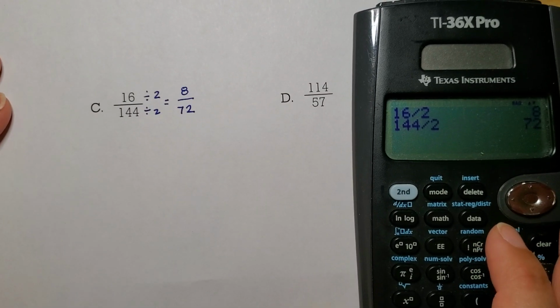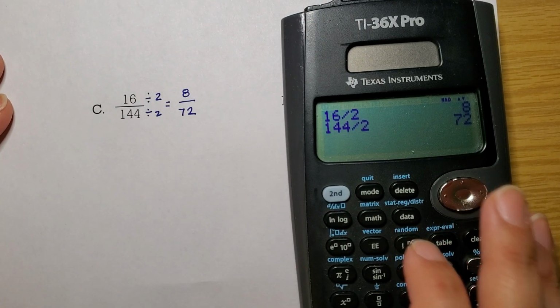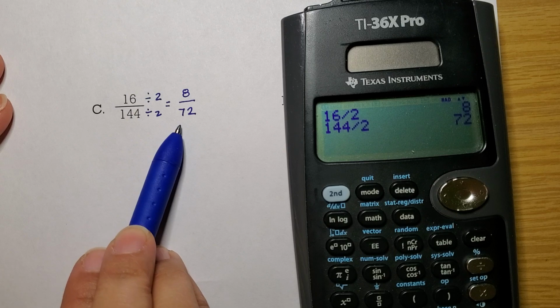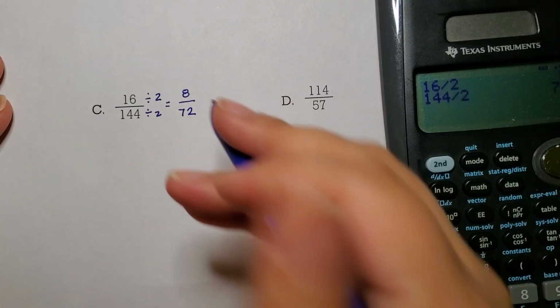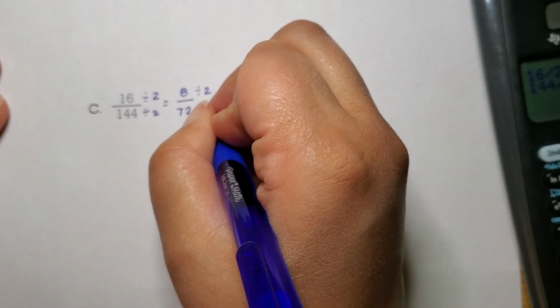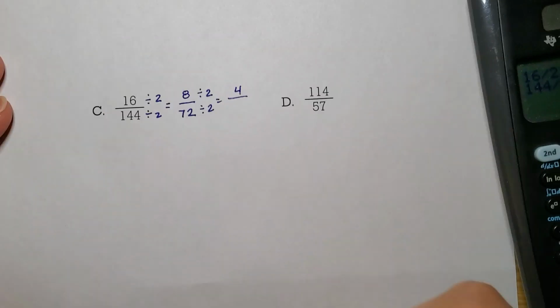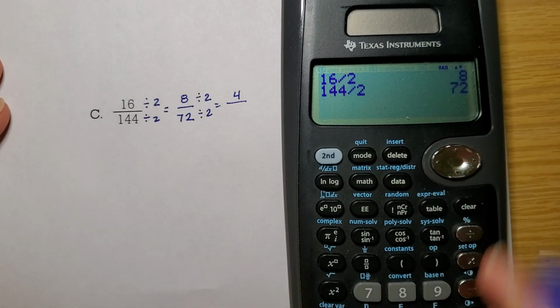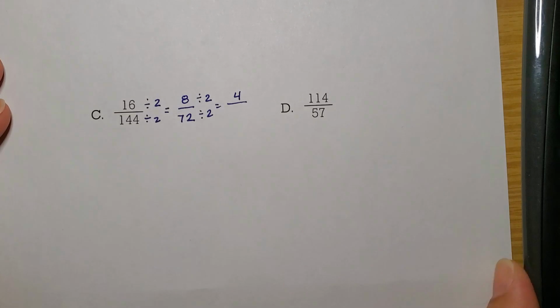All right, nice. Now I know that 8 and 72 are also still both even. So I know 8 divided by 2 is going to be 4. Let's try 72. 36.